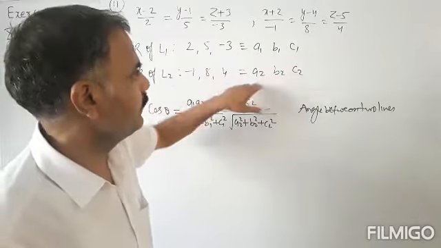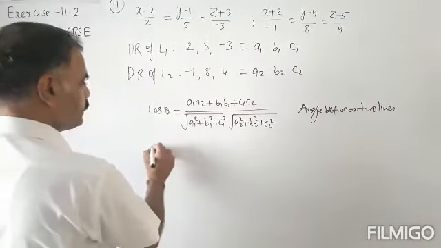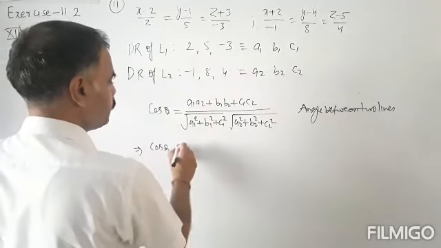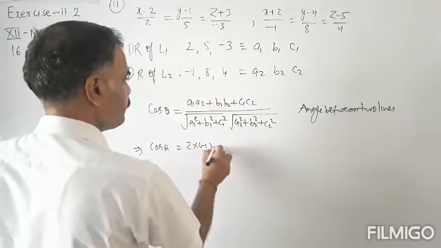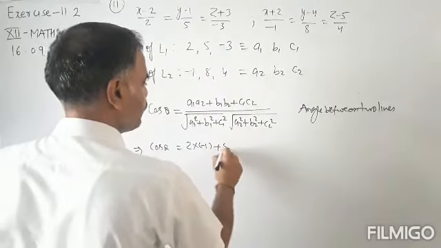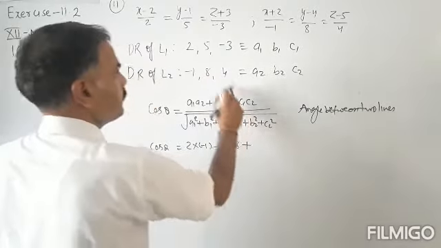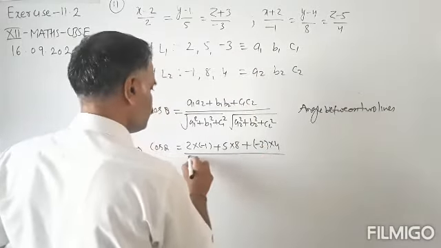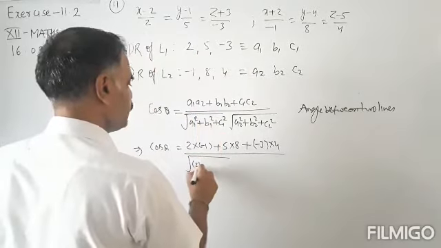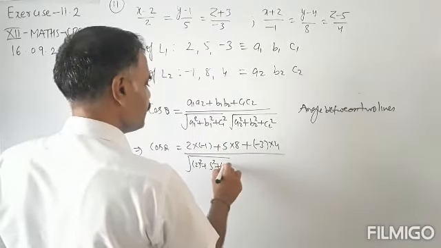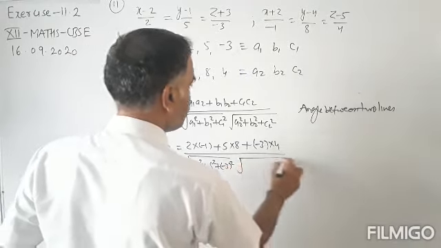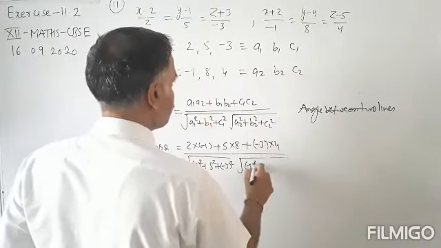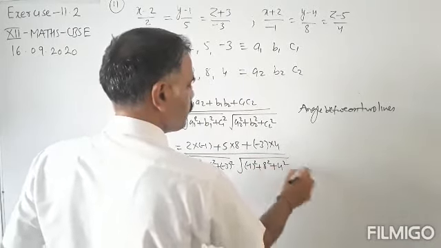So cos theta equals A1 A2, 2 into minus 1, plus B1 B2, 5 into 8, plus C1 C2, that is minus 3 into 4, divided by under root A1 square, that is 2 square plus 5 square plus minus 3 square, multiplied by A2 square plus B2 square plus C2 square, that is minus 1 square plus 8 square plus 4 square.